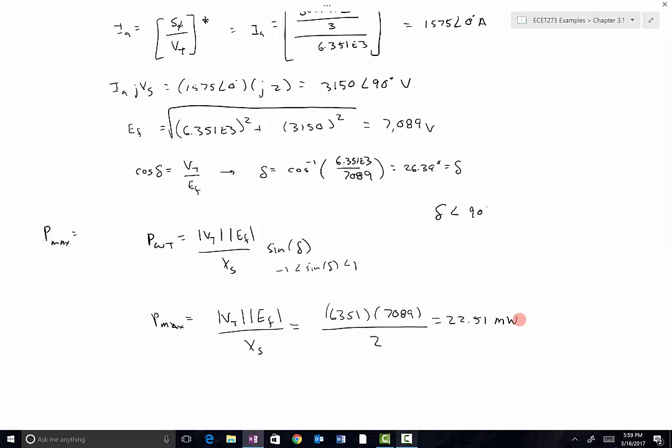Now, you might say, this machine was rated to 30 MVA. Well, remember I calculated V_T and E_F here, and this was on a per phase basis. So that's a per phase output. So the actual max output power, P_max 3-phase, is going to be equal to 3 times that.